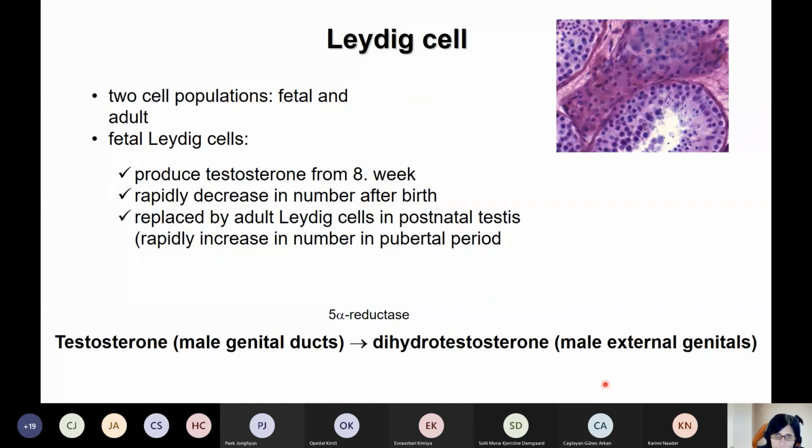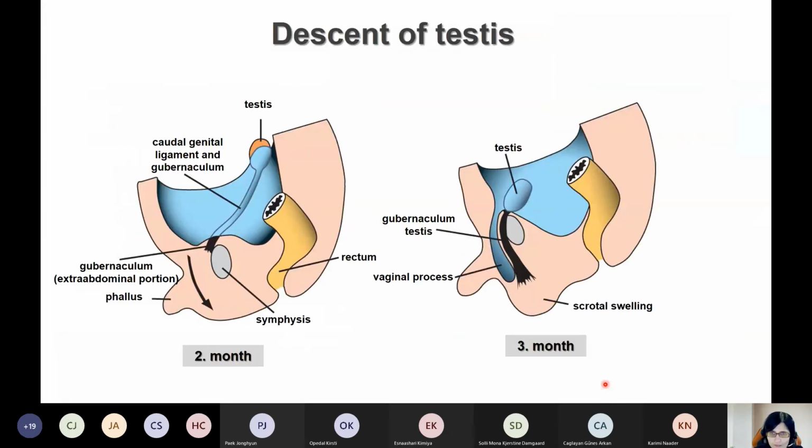If we see further the male development, we should also mention the descent of the testis. So this is the process by which the testis will reach its position inside the scrotum. Originally, the testis starts its development in the retroperitoneal region behind the parietal peritoneum.